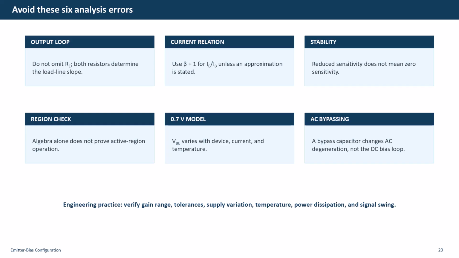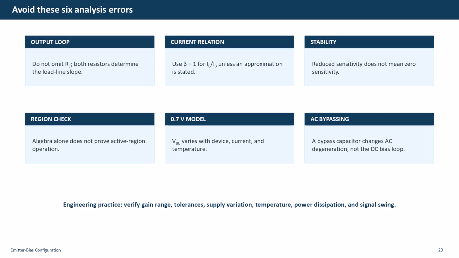Fourth, always check that the calculated voltages are consistent with active region operation, otherwise the model is invalid. Fifth, remember that 0.7 volts is a teaching approximation, not a universal constant. Sixth, distinguish DC bias stabilization from AC degeneration. A bypass capacitor can reduce the AC feedback while remaining open in the DC equivalent.